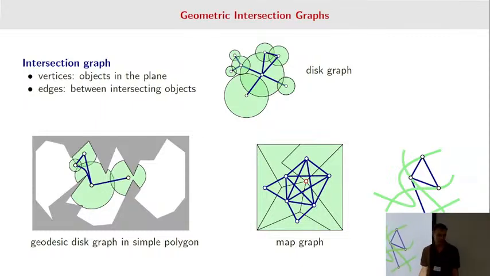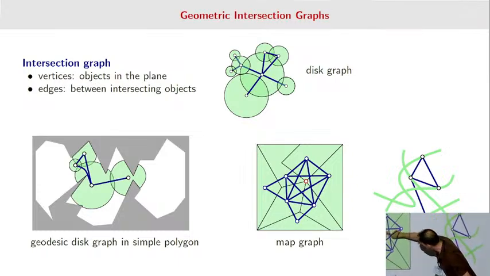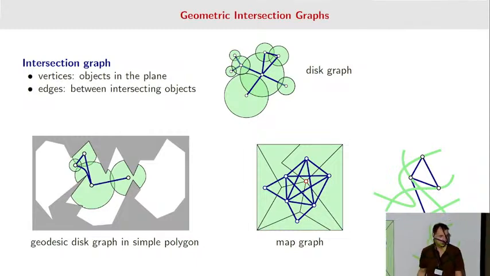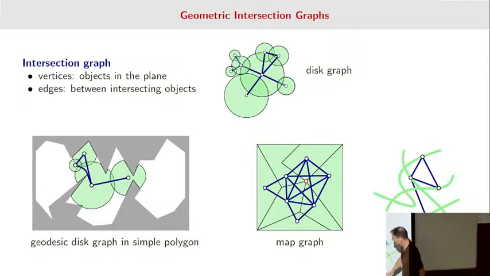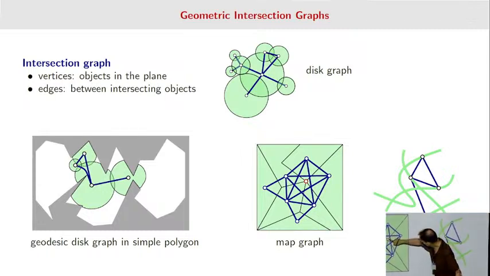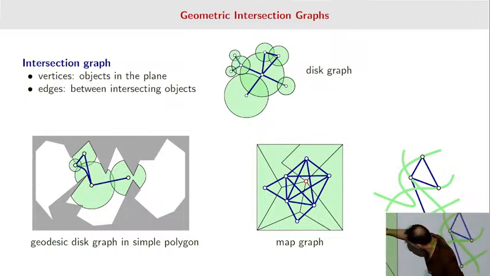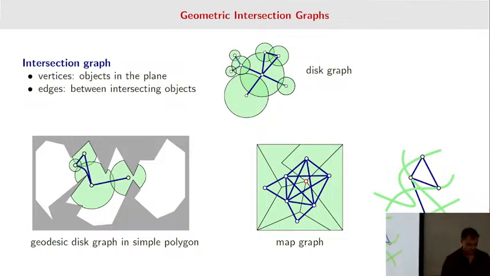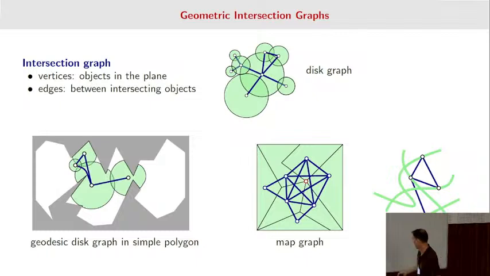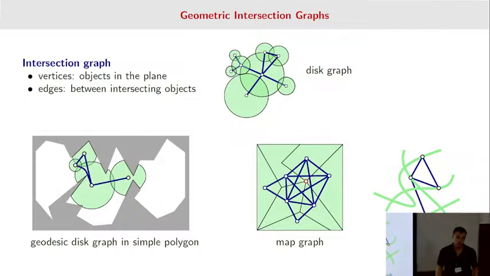So map graphs are graphs that are the dual of a planar subdivision, but even if two regions only share a vertex, then you still connect them. Right? So that also means that you can have, like this vertex here, there are what, 1, 2, 3, 4, 5 things around it, so you get a K5 in there. And I don't know, you could also maybe look at string graphs.